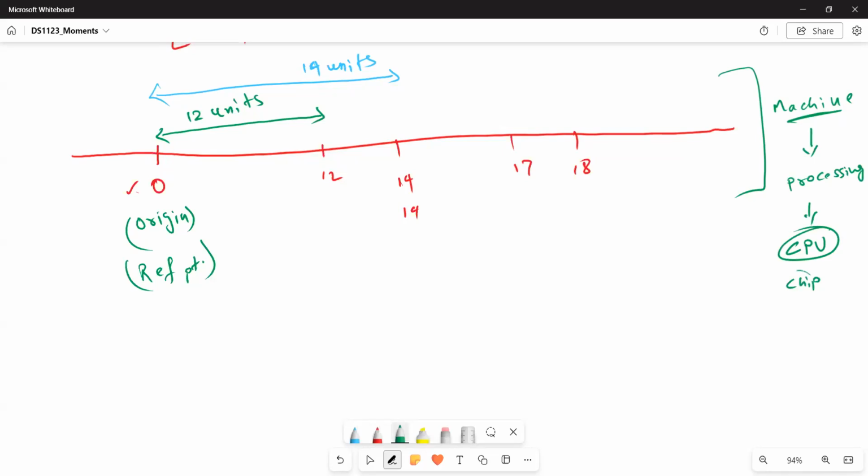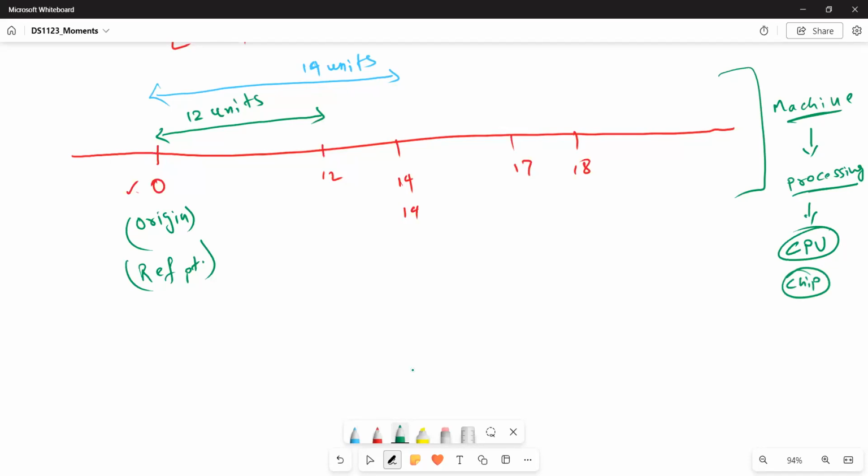Let's say if you have an Intel chip, or if you're a MacBook user, you'll have the M1 or M2, or if you are an AMD user, you'll have a similar chipset. So basically, this is the processing unit where every process takes place in your system.